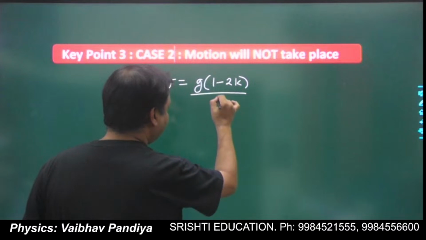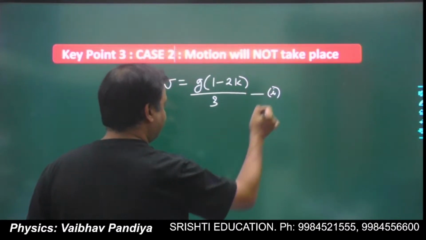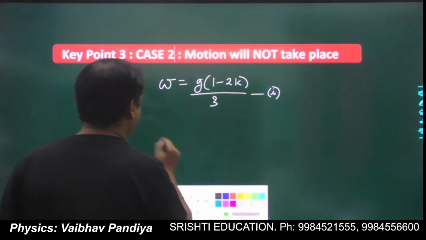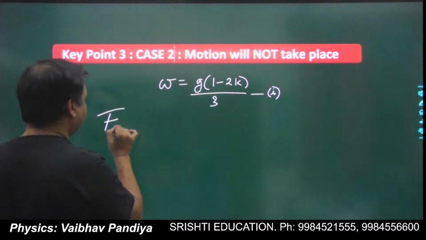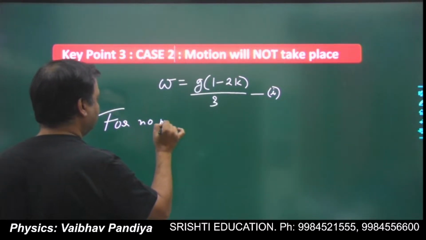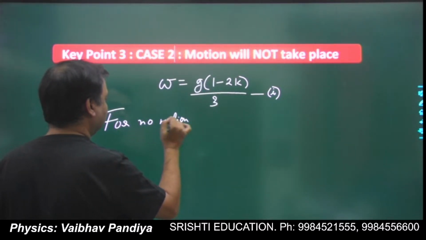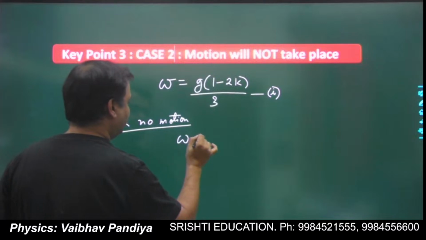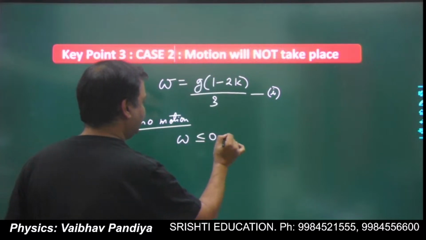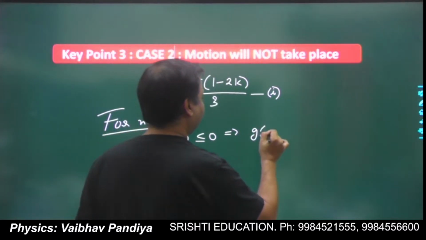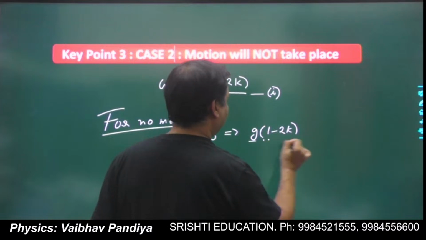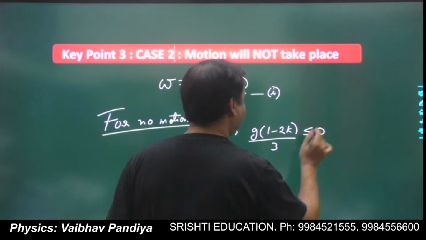Now, if the motion will not happen, going by the fundamentals, for no motion, w will be less than or equal to 0. So you will get g(1 - 2k)/3 less than or equal to 0.